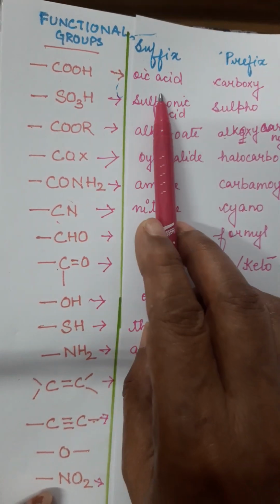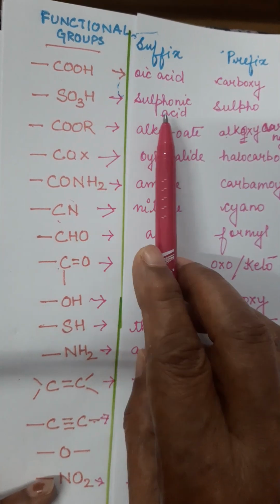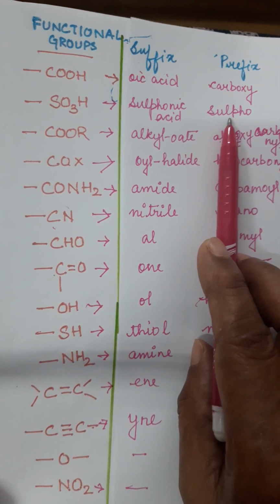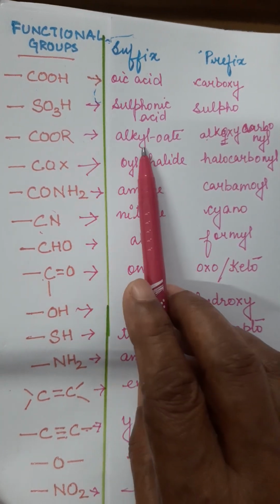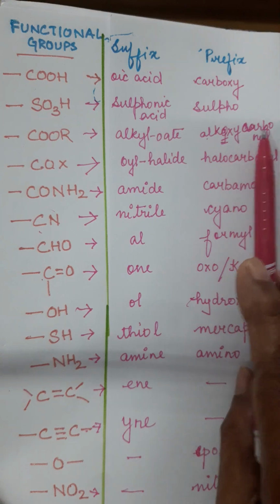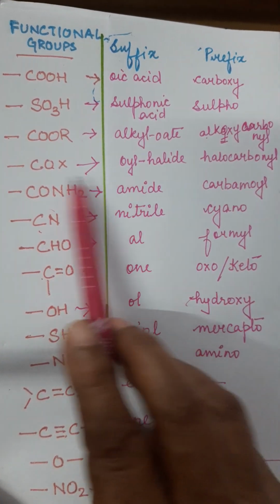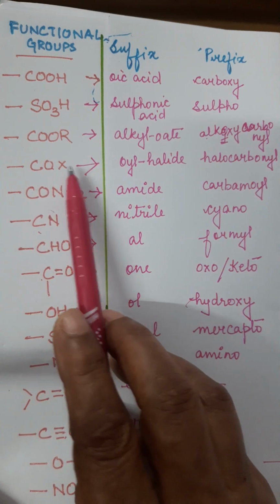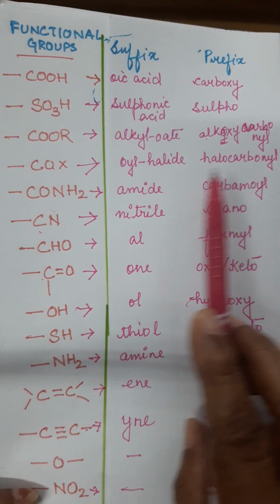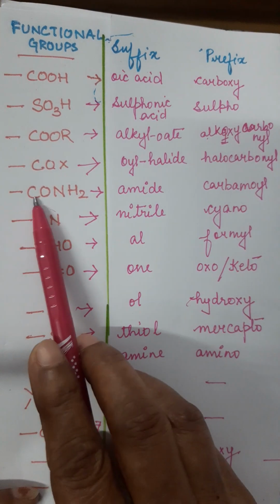COOH, oic acid suffix, carboxy prefix. SO3H, sulfonic acid suffix, sulfo prefix. COOR, alkyl oate suffix and alkoxycarbonyl prefix. COX, acid halide, oyl halide as a suffix and halocarbonyl as a prefix.